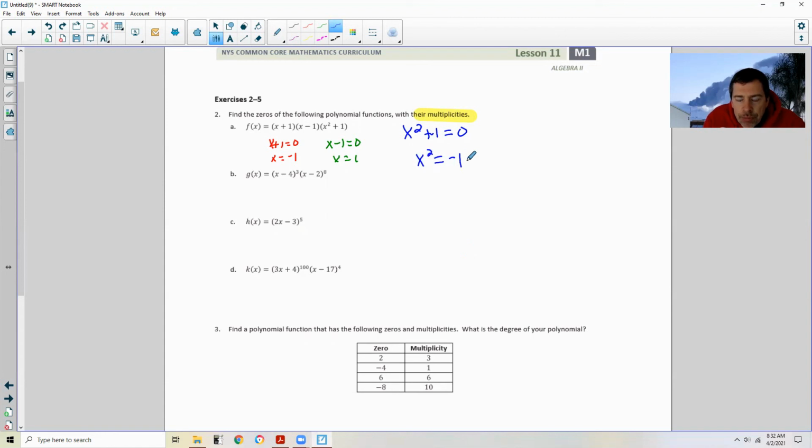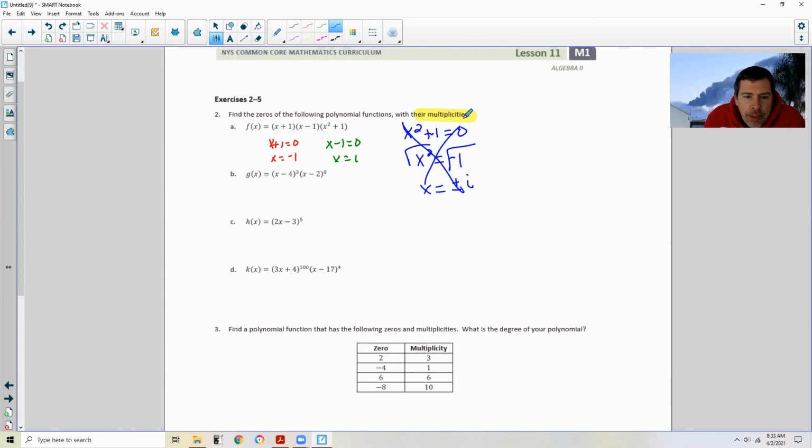The square root of both sides would give me an imaginary number. So if I took the square root of both sides here, then I'm going to get x equals plus or minus i, which is the square root of negative 1. We'll get into that later this year. So I'm not going to talk about this right now, but we do have two factors, x equals negative 1 and x equals 1.